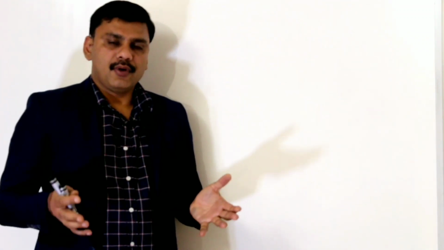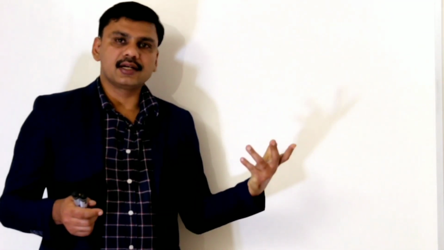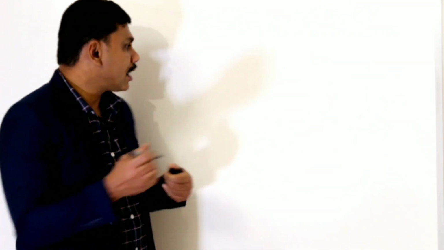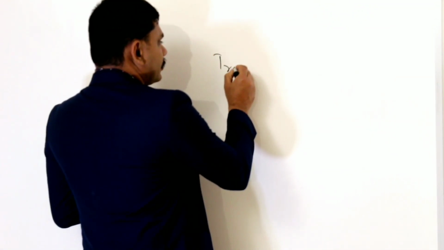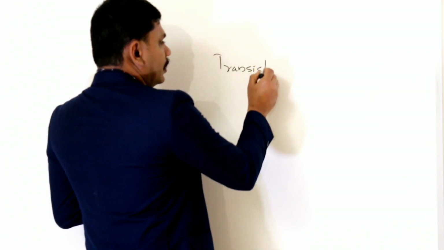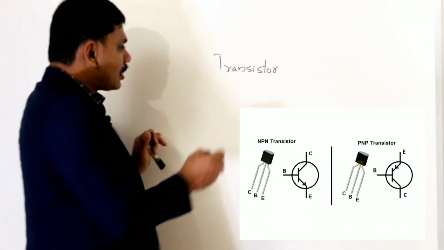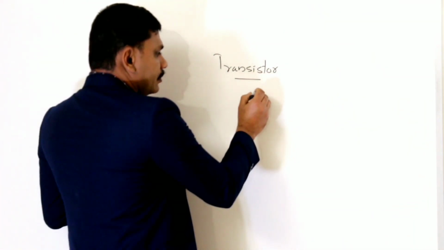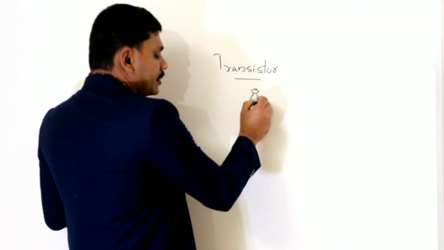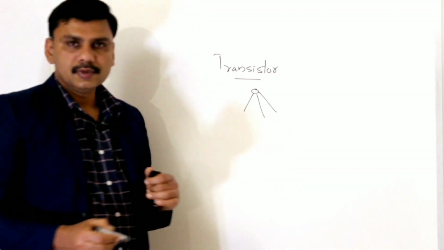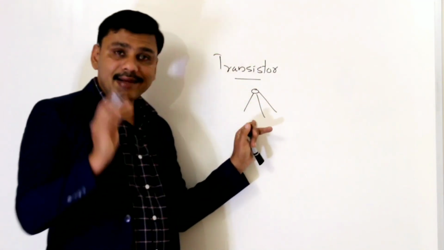Another electrical component we are using in different electrical appliances is transistor. A transistor simply looks like this. Sorry, a transistor has three legs.